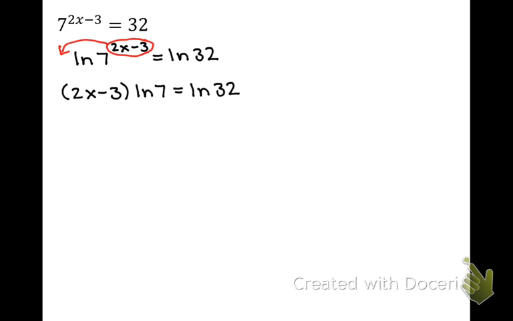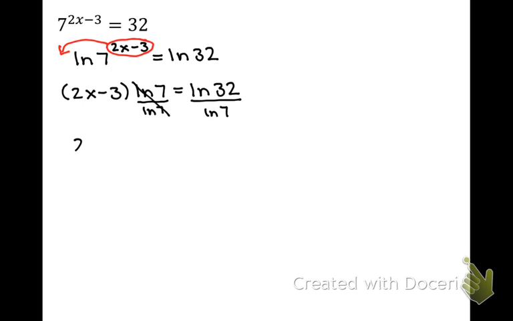Now, at this point, I personally would notice that the 2x - 3 is connected to the ln of 7 by multiplication. We can undo multiplication how? You got it, using division. So let's divide both sides by the ln of 7.